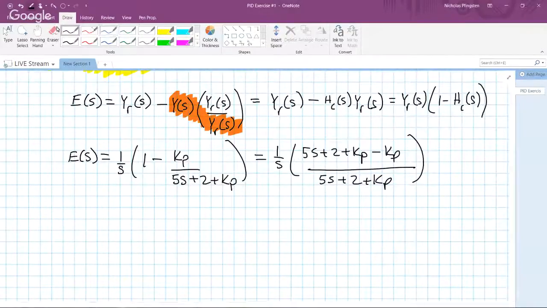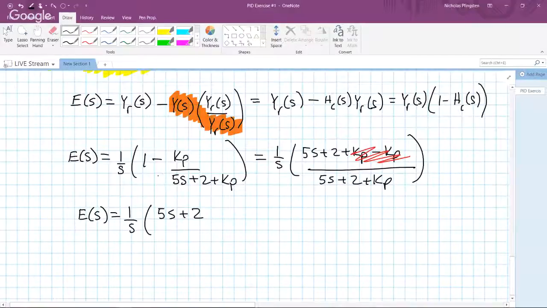We see that these Kp's, they cancel out. Bye-bye. And the final thing that we're going to put in this final value theorem is this. E of S is 1 over S times 5S plus 2 all over 5S plus 2 plus Kp.